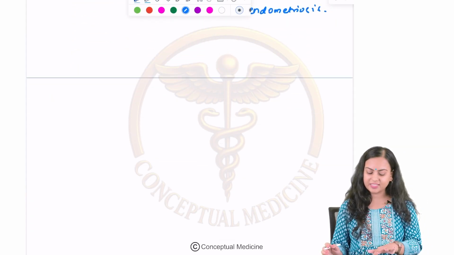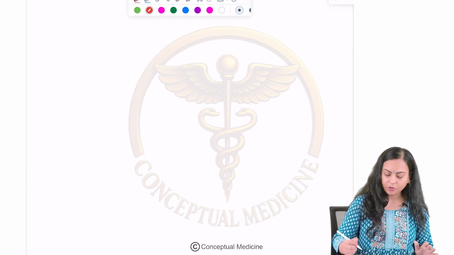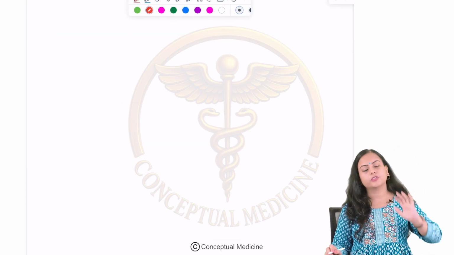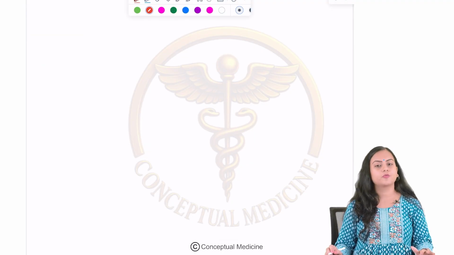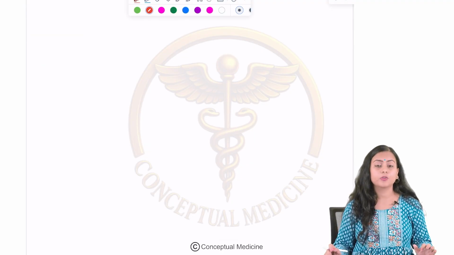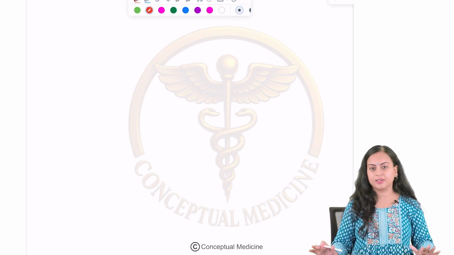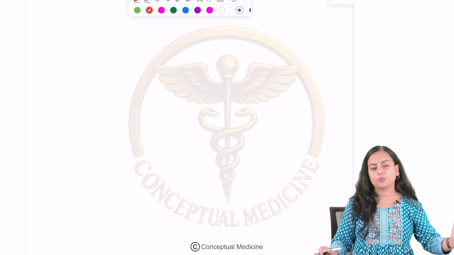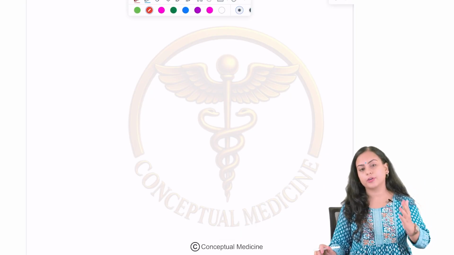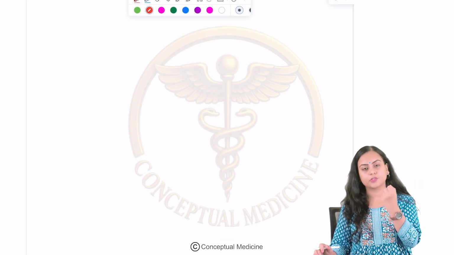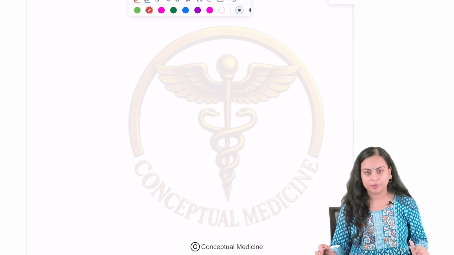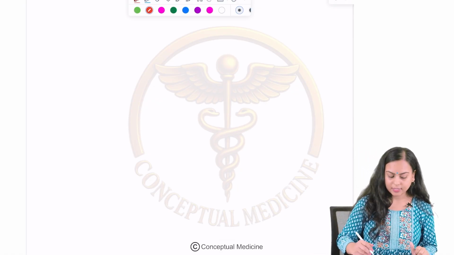Clear? Right. Okay. Now, we are going into the most important part of AUB. We are going to discuss the management of abnormal uterine bleeding in detail. Okay. We'll be using hormonal supplements or non-hormonal agents, some minimally invasive procedures, and finally the surgeries which can be offered.